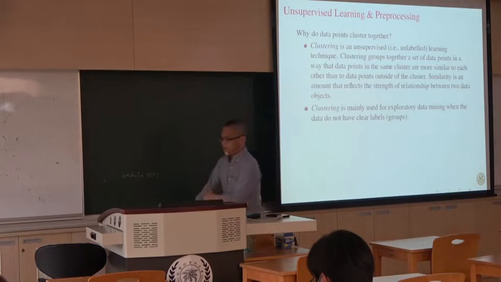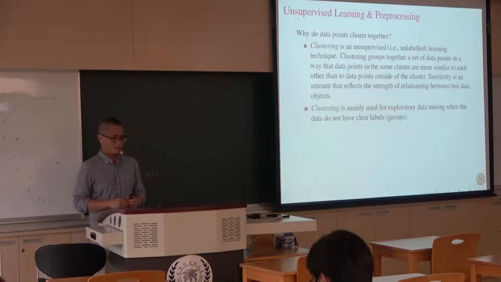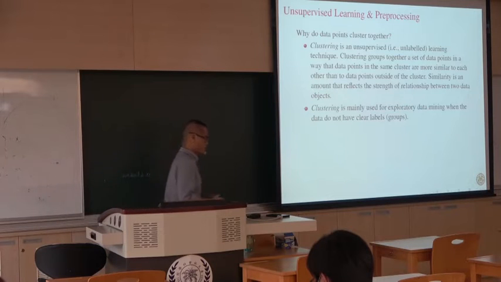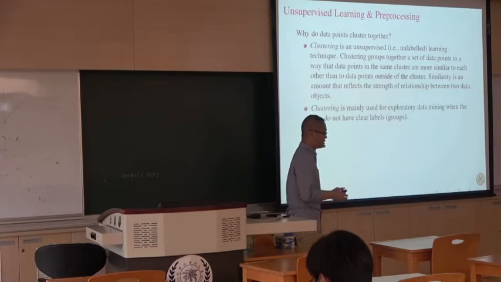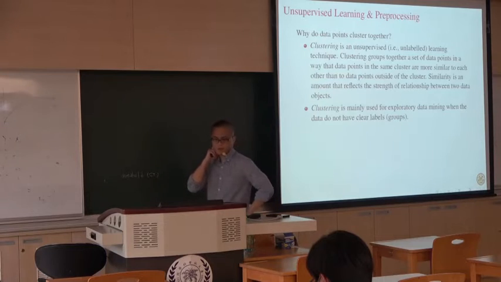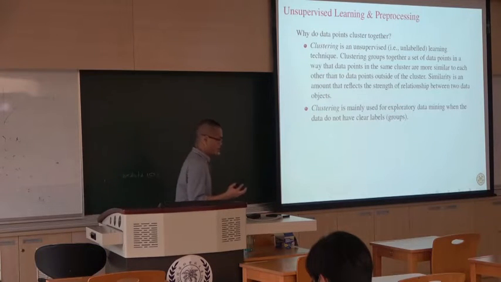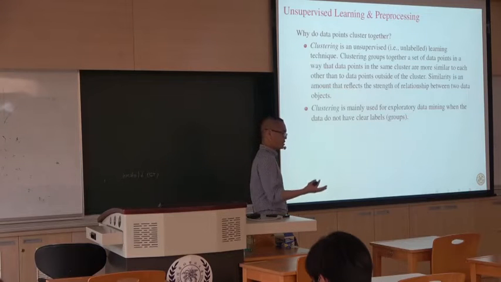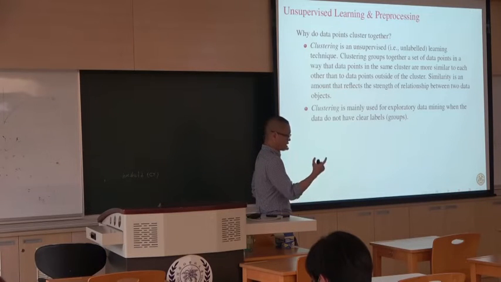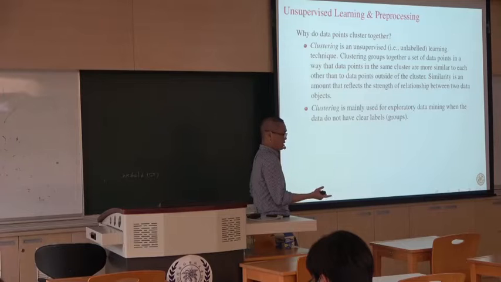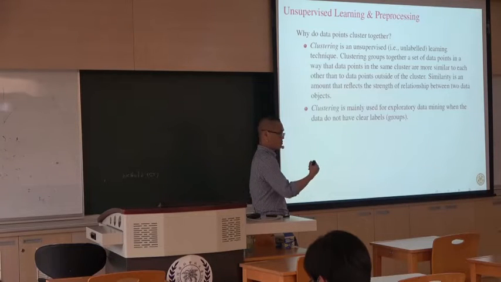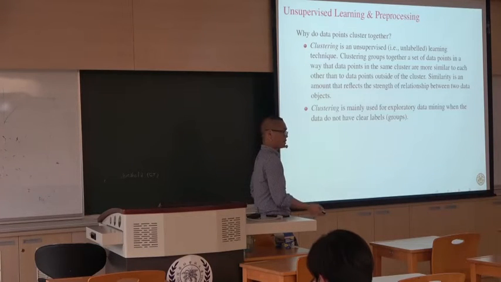So here is the concept of clustering. Clustering is an unsupervised learning technique, meaning that the outcome is unlabeled. So we use it to group together a set of data points, under the assumption that the data points within a cluster are more similar to each other than to data points outside of it.